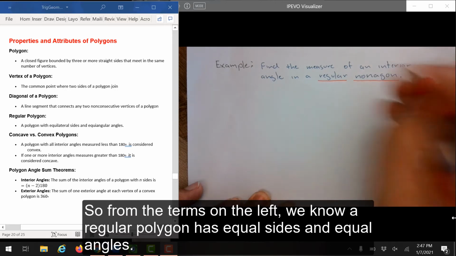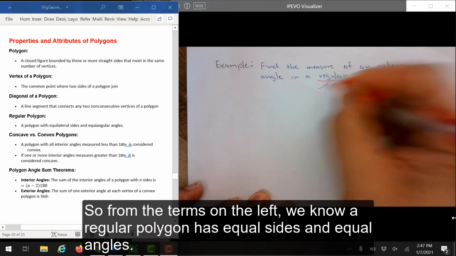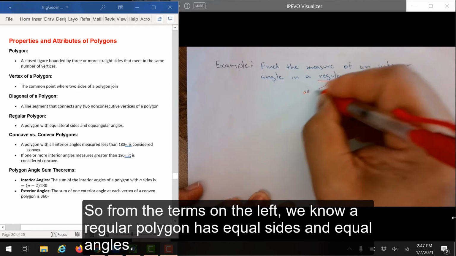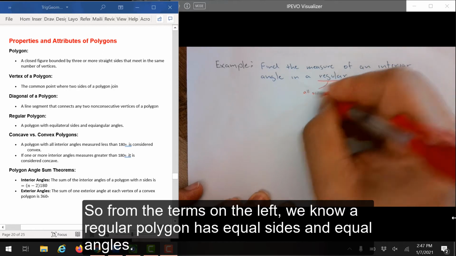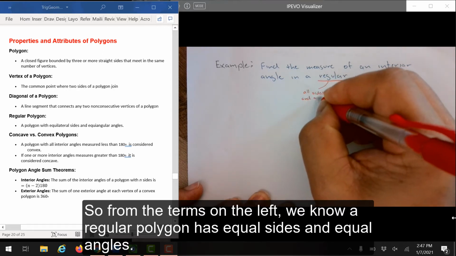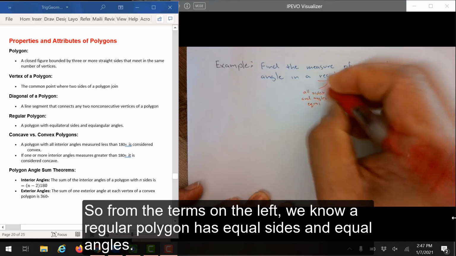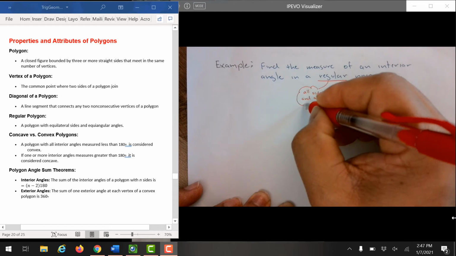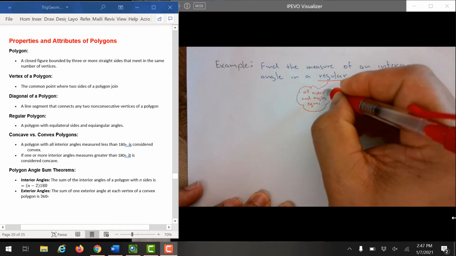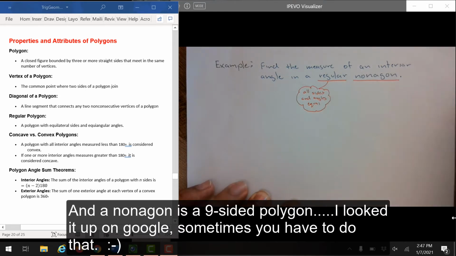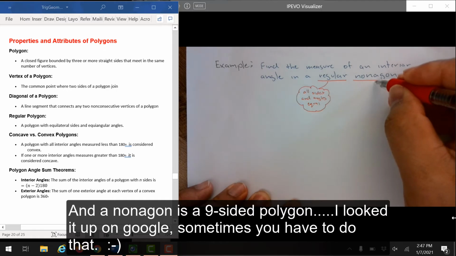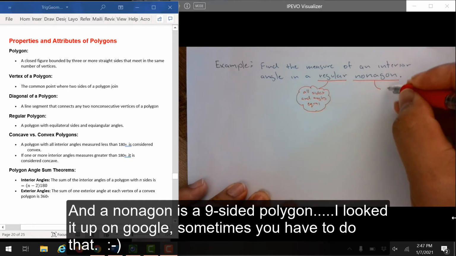So, from the terms on the left, we know a regular polygon has equal sides and equal angles. And a nonagon is a 9-sided polygon. I looked it up on Google. Sometimes you have to do that.